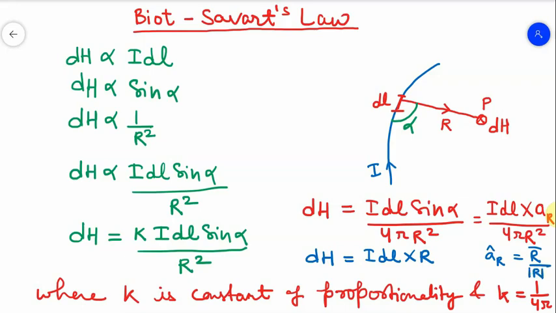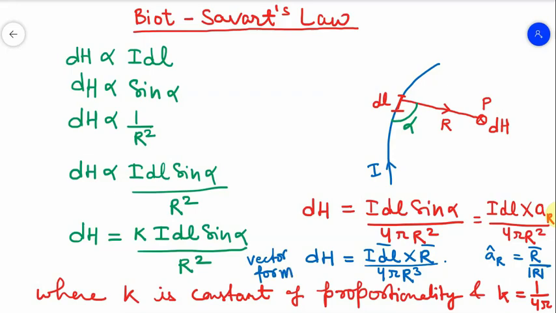So in this way we can write dH equals I dl cross r upon 4 pi r cube. Okay, so this dH can be represented in this vector form.